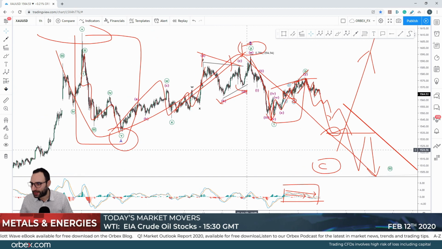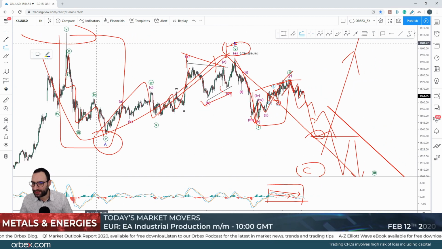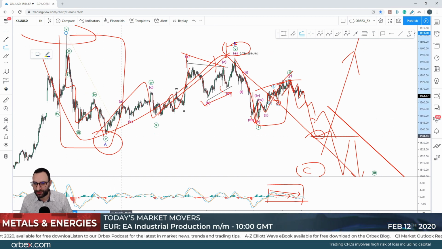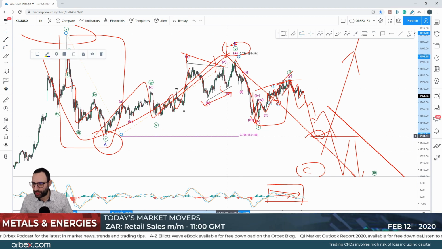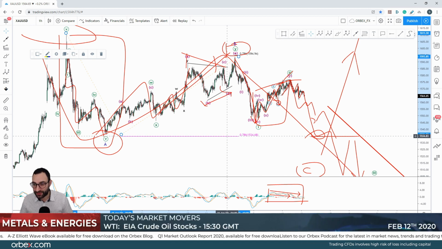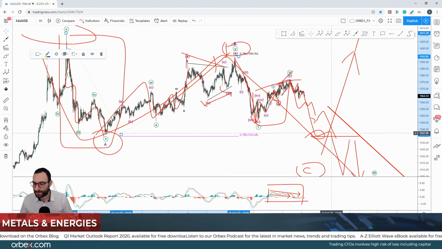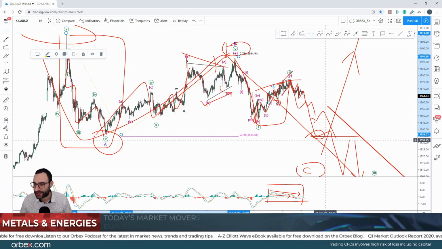But before that, pay attention, please, that this ended wave B at the 78.6. So if we pull a Fibonacci extension tool, the 78.6 extension comes to around 1534. So I'm expecting wave 3 to break that level. If we get a bounce, then this is going to be a different case, which we're going to explore again, of course, next week.